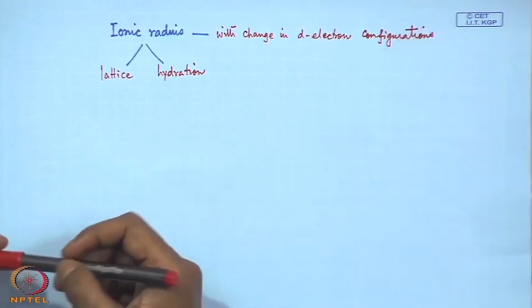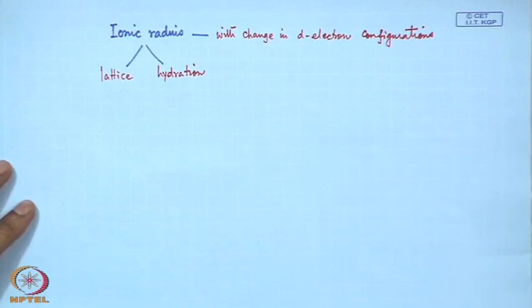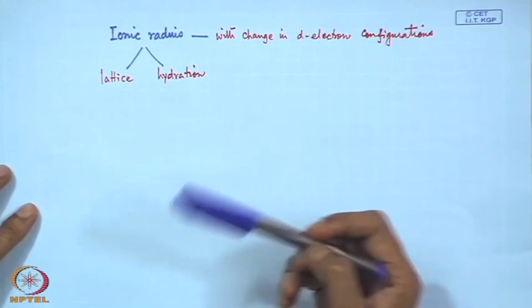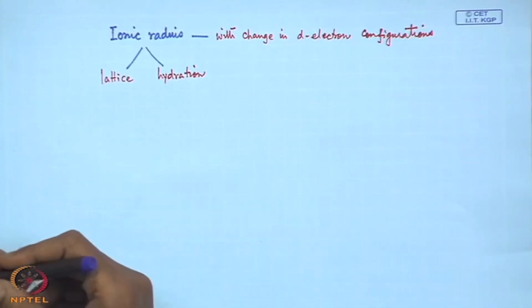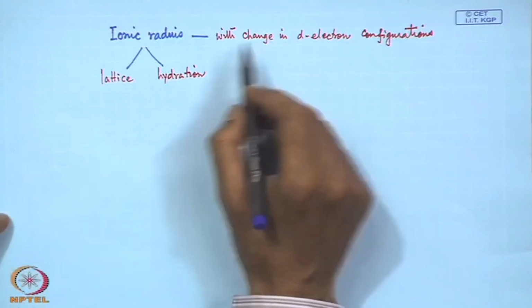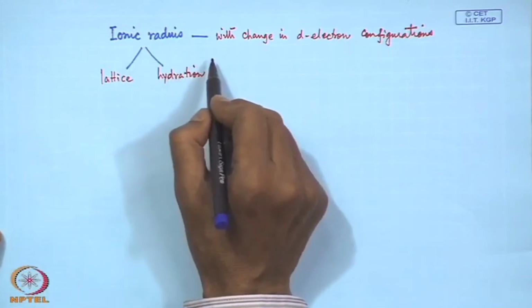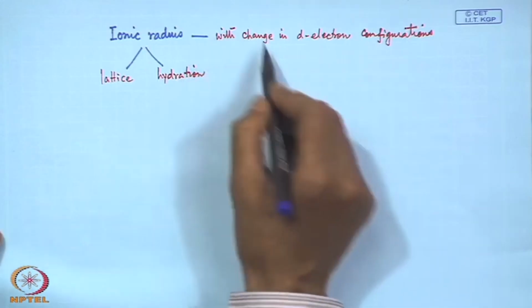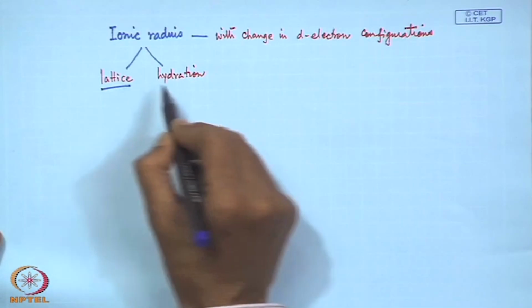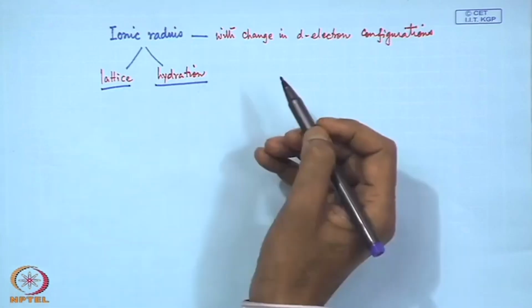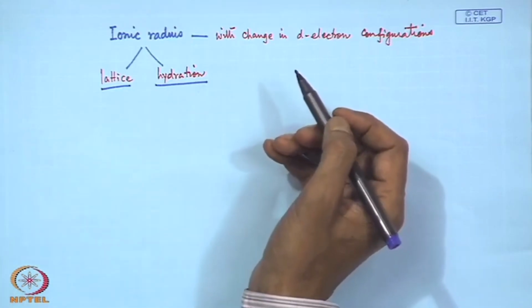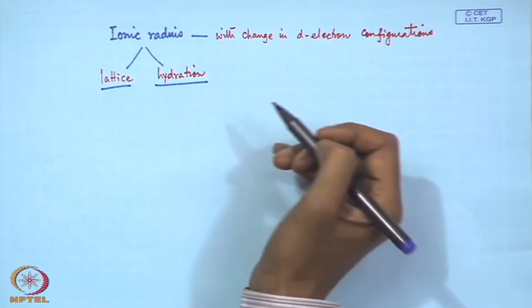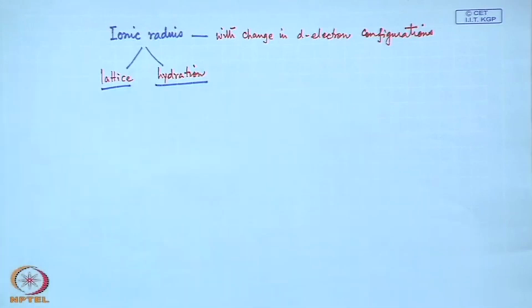So, what we see in terms of the crystal field effect is that the ionic radius will also change with the change in the d electron configuration, and that change can interact with the different types of solid phase anions or the water molecule for their energy change due to lattice formation and hydration.